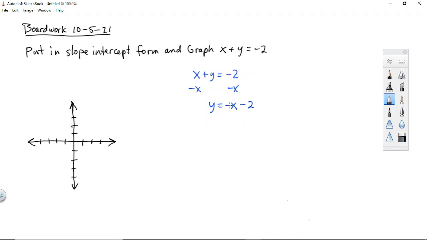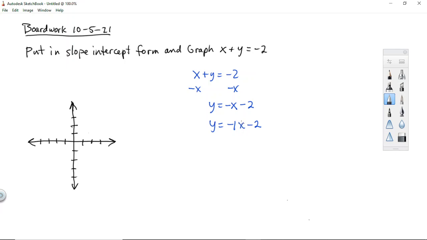Now we have y on the left side, so that is in slope-intercept form, and we can use that to graph it. We just have to make sure we pick out the slope and the intercept, and we could rewrite this as negative 1x, right, minus 2.